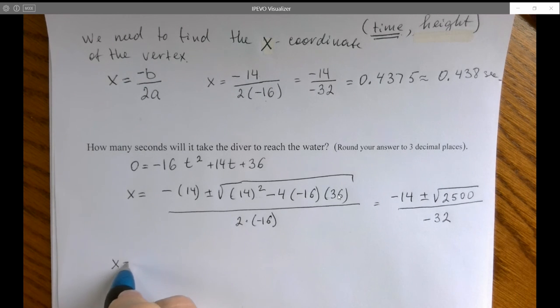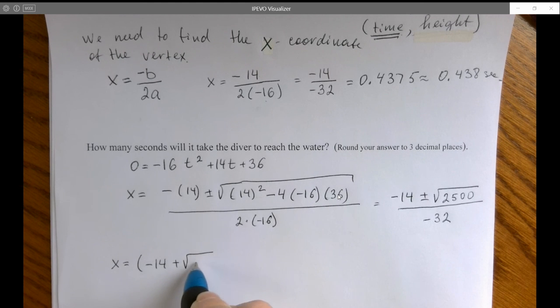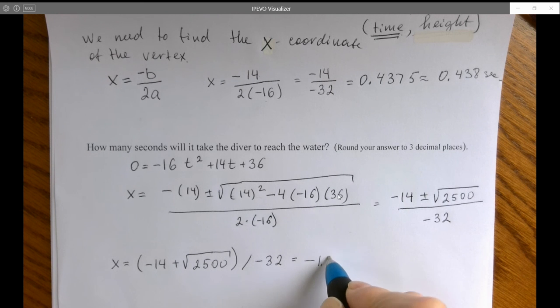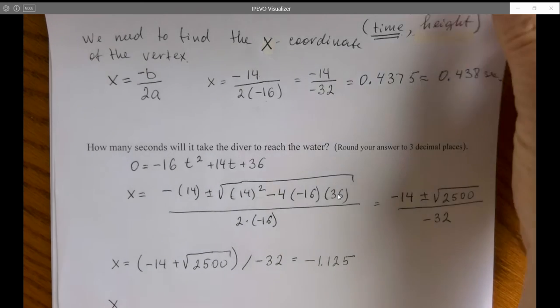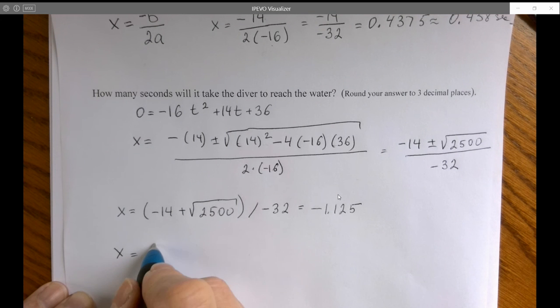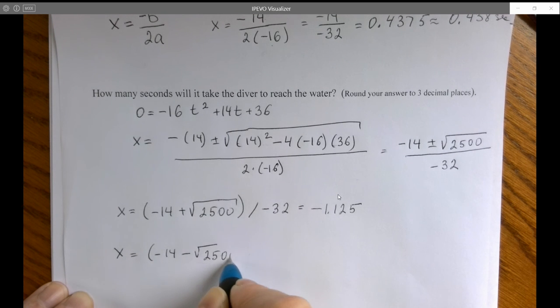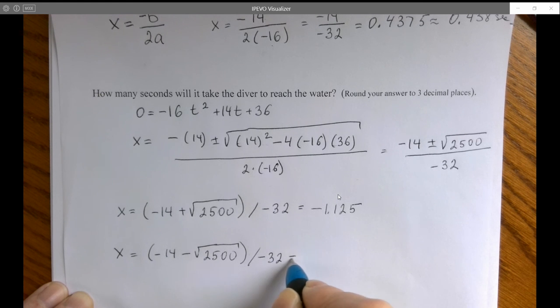So let's calculate. It will be negative 14 plus square root of 2500 divided by negative 32, and it will be negative 1.125. And the second solution will be negative 14 minus square root of 2500 divided by negative 32, and it will be positive 2.